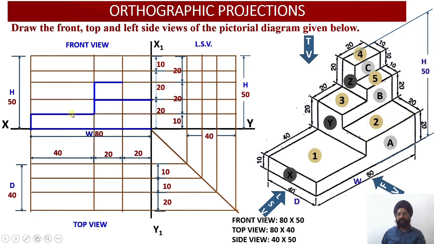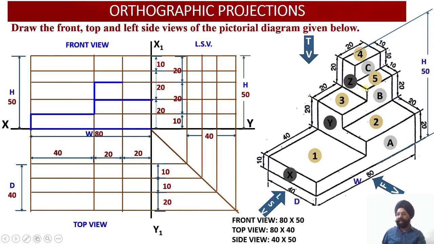So this surface is surface A, and this is going to be my front view projection corresponding to surface A. Then I have surface B. Surface B is also angular. Please check, this has a height of 10 millimeter over here, and it will extend 20 millimeter towards the right.